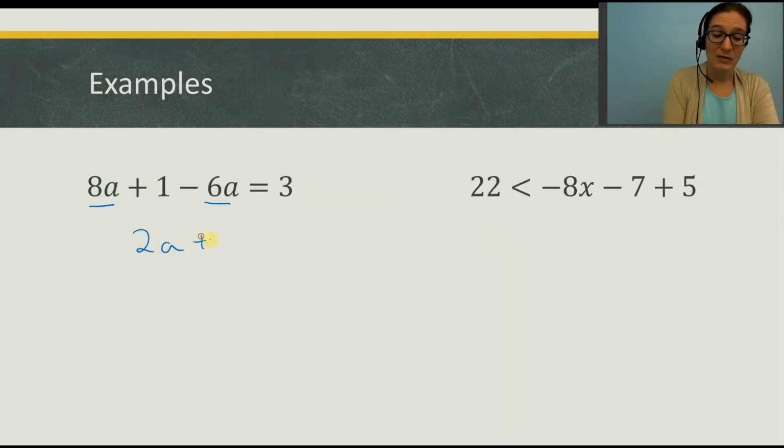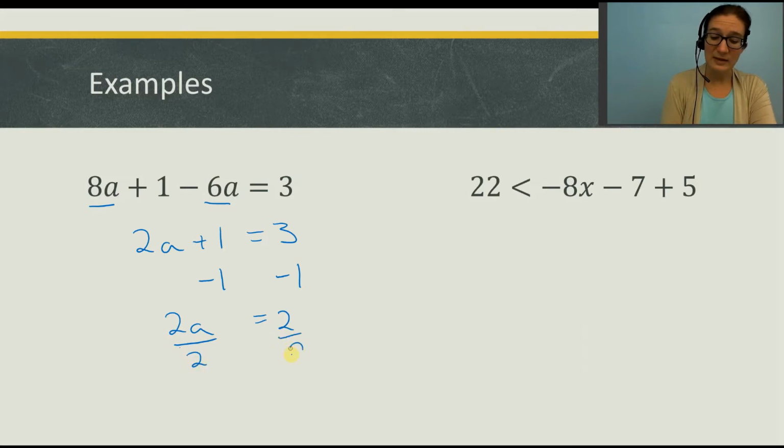Still have the 1, it wasn't like, so it stays separate. And then I've got a nice little two-step equation I can solve. Since it says plus 1, I'm going to subtract 1 on both sides of the equals. Now I have 2a is equal to 2. I will divide by 2 on both sides of the equals, and that gives me a is equal to 1.